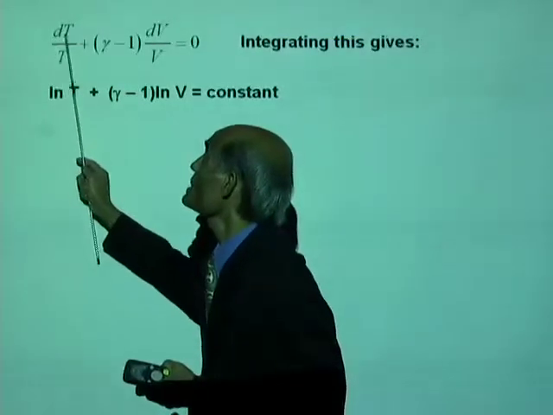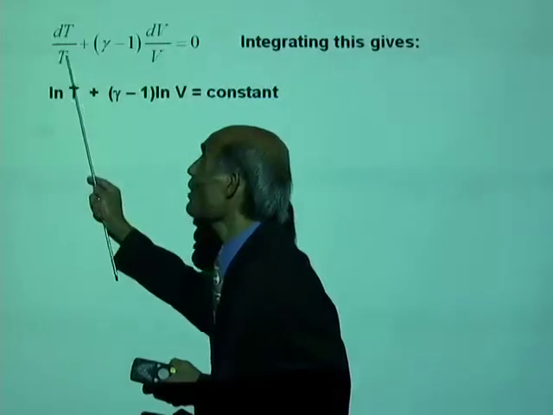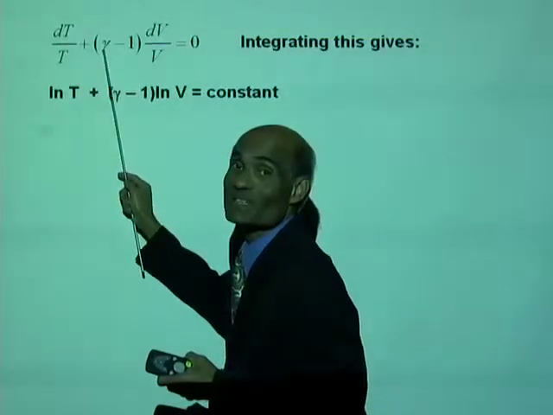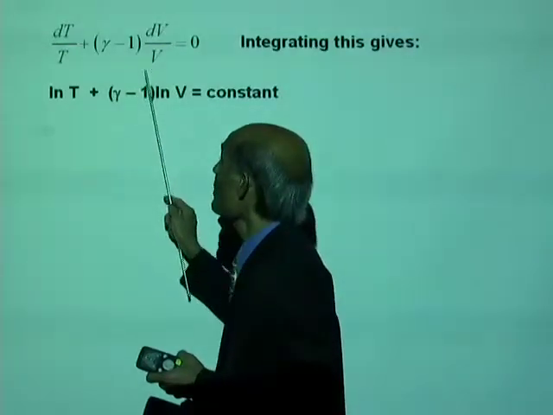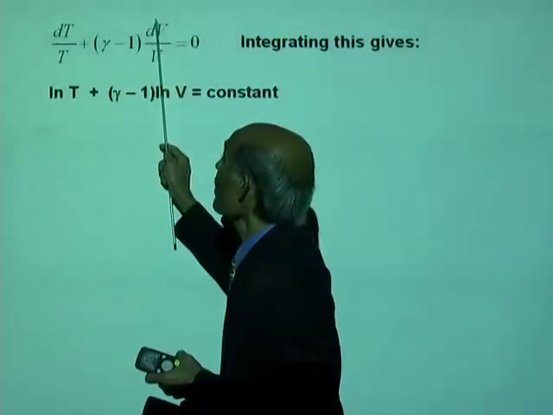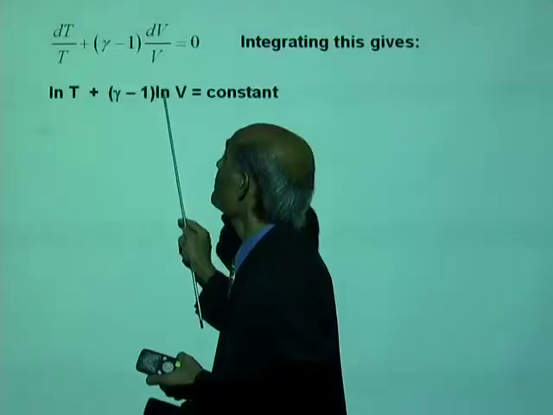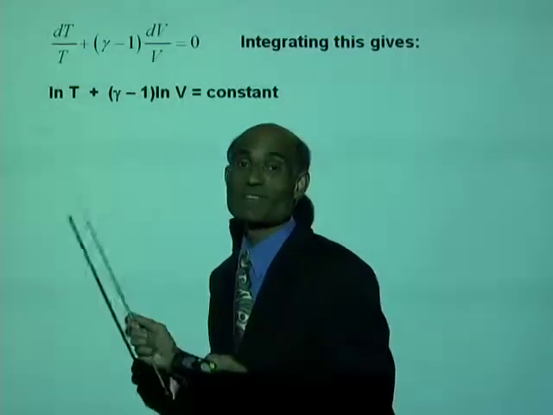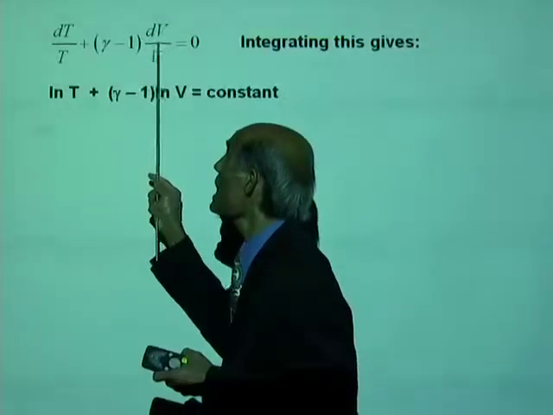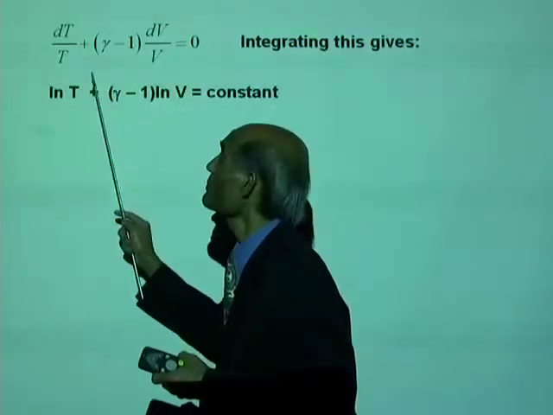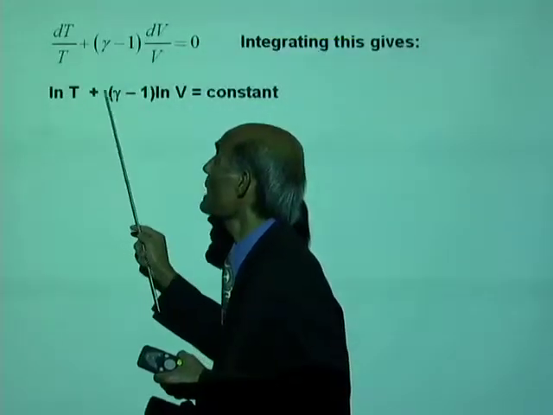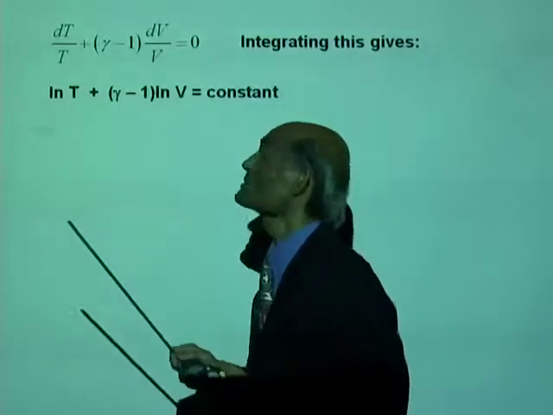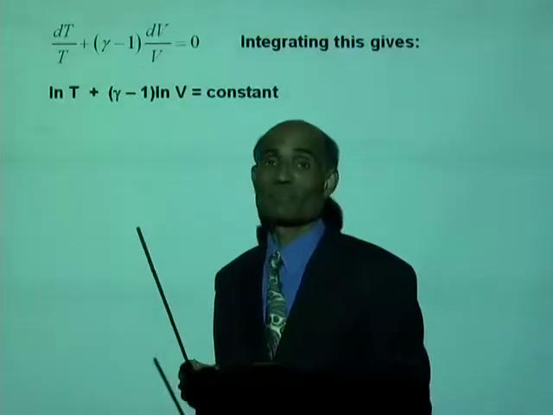The integral of dT over T is ln of T, plus gamma minus 1 is a constant, so that would be gamma minus 1 times the integral of dV over V, which will be ln of V. So integrate each term. That will give you ln of T plus gamma minus 1 ln V equal to a constant.